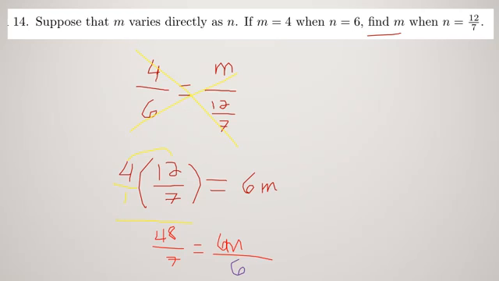And by doing that, madungagan og 6 yung denominator. So, 6 times 7. So, by dividing by 6 is actually like putting 6 in the denominator. So this is equal to m.